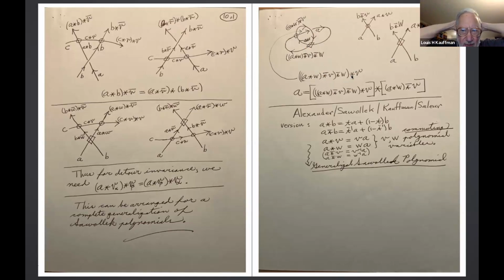But you can also do a generalized Sawalik polynomial by using the Alexander quandle at the classical crossings and using just simply multiplication by an extra free module element for each of the virtual crossing types. So you'll multiply by V for one and W for another, and you can then get a polynomial.